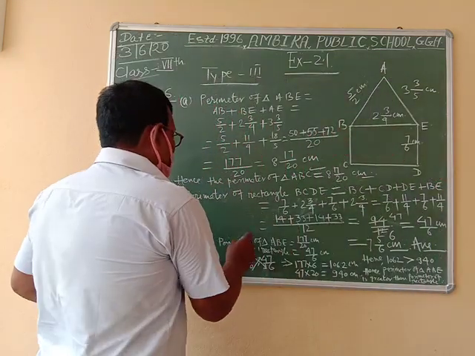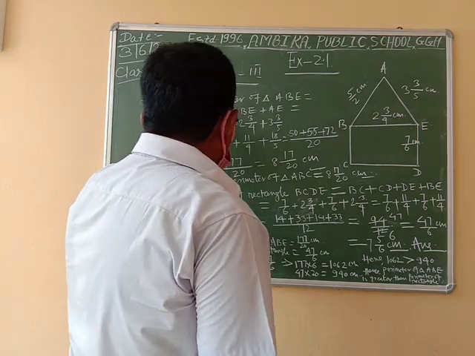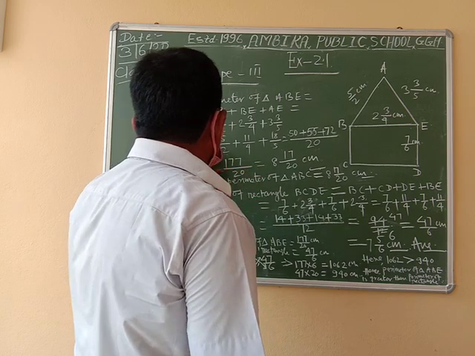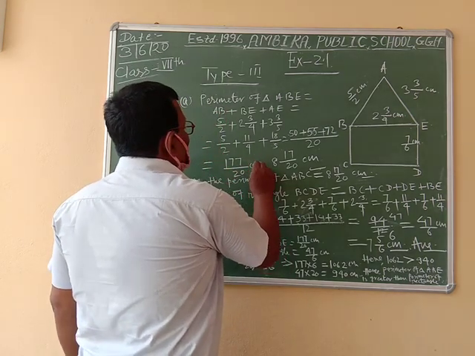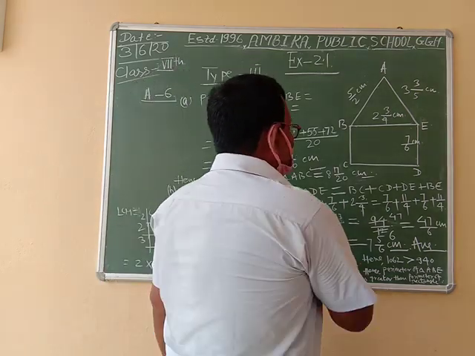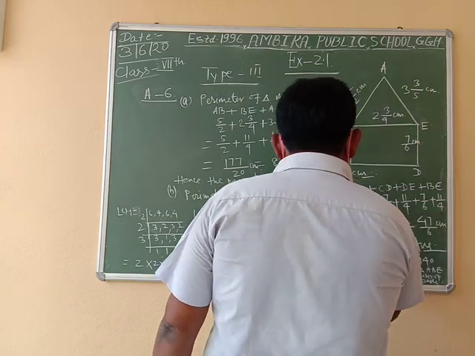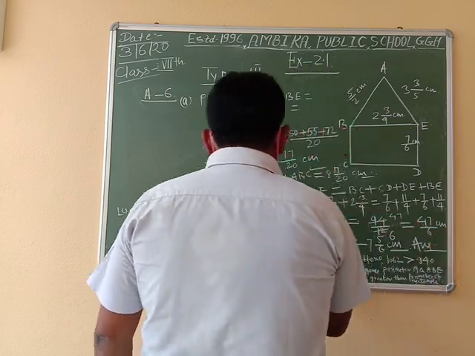Again, I am going to clear. We are given the perimeter of triangle ABE is equal to 177 by 20 centimeter, and the perimeter of rectangle is equal to 47 by 6 centimeter.